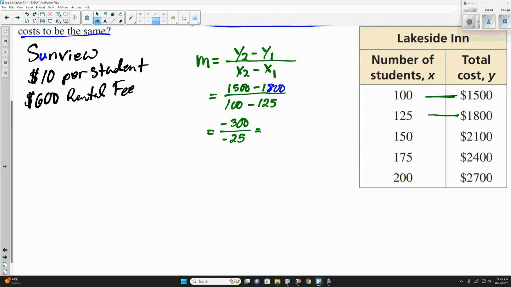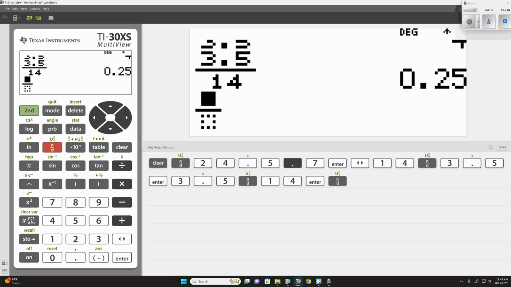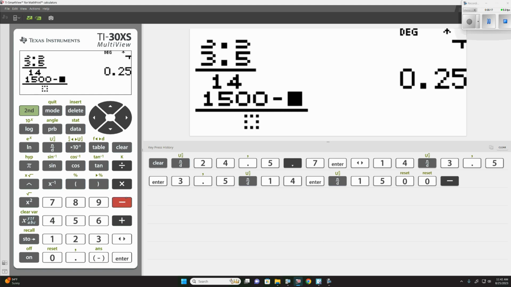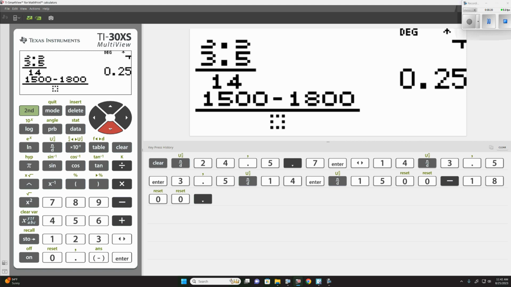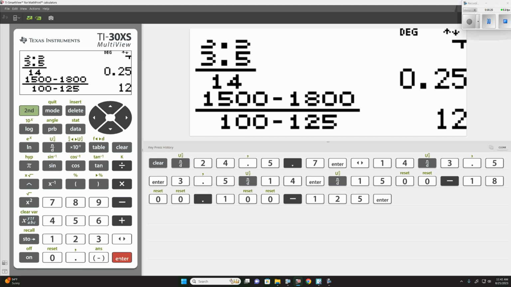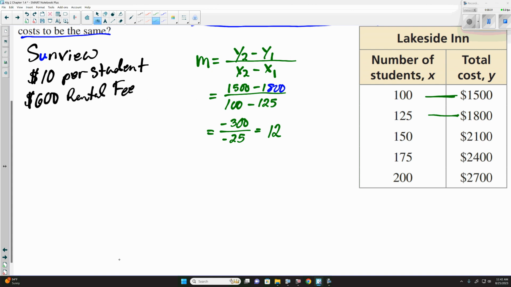And if we divide these, 300 divided by 25 is, now we could have plugged it in a calculator originally, 1500 minus 1800 over 100 minus 125 is 12. So the slope for Lakeside is $12, but it's telling us that it's going to be $12 per student.